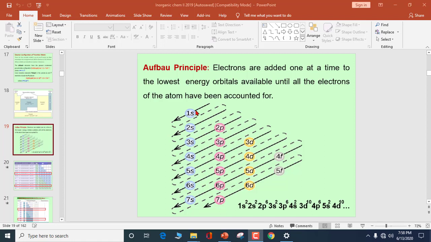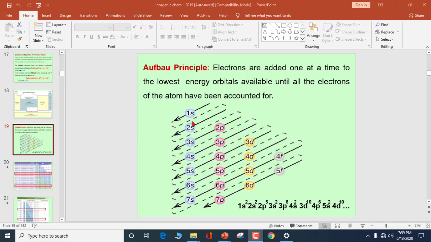For example, electrons will go first in the 1s orbital, then to 2s, then 2p, then 3s, then 3p and 4s, and then comes 3d, 4p, 5s and so on, which you have seen here also. How many electrons can be filled?